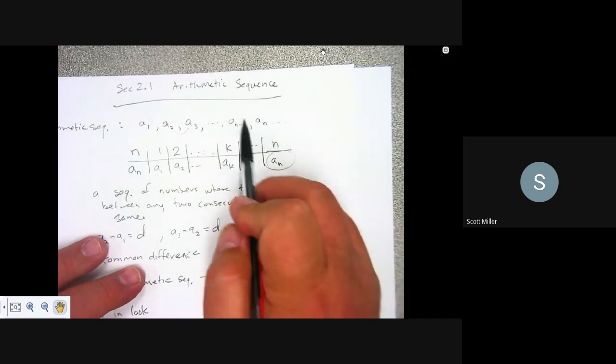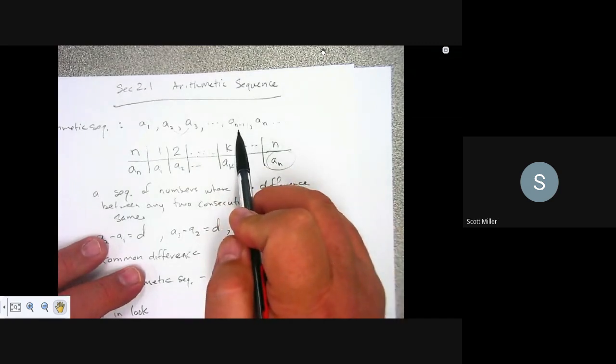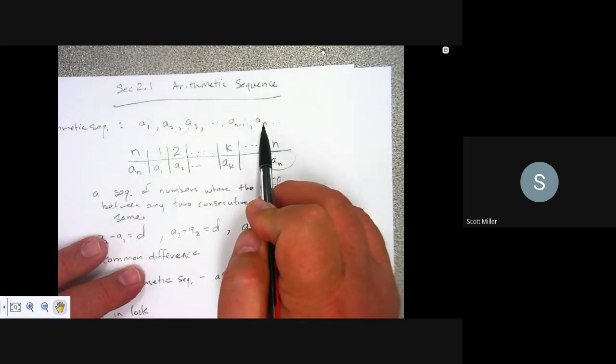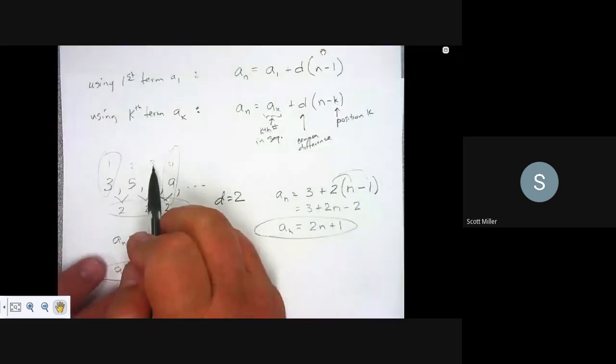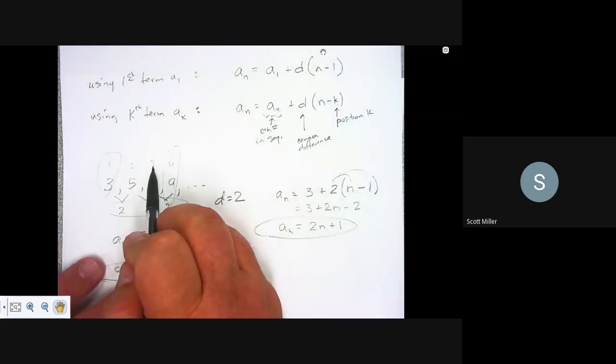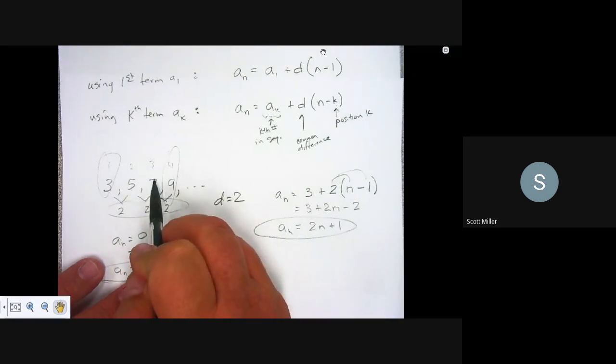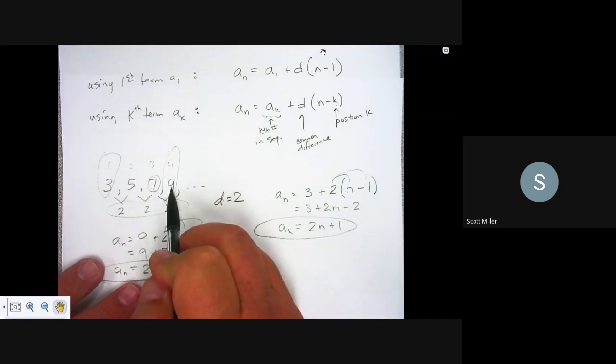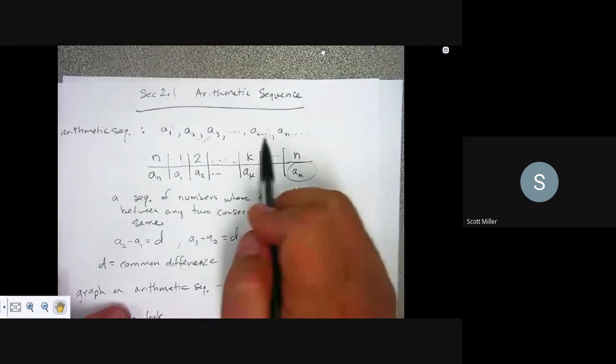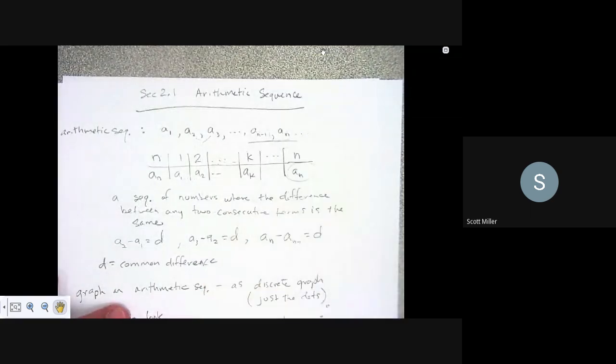This is the number in the sequence. It's arithmetic. That means I'm going to add or subtract a number to this to get that. So this is a number in the sequence, 3. To get from position 3 to position 4, I need to add 2 to the answer at position 3 to get to this one. So we use these notations right here to write our rule.